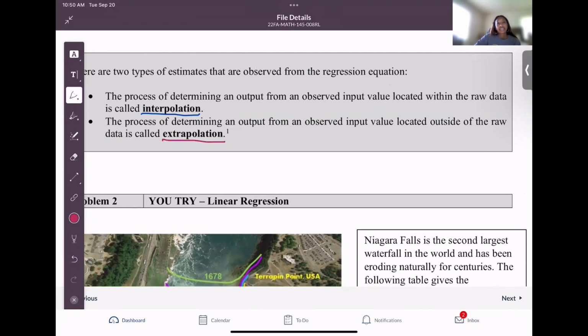The idea is if you're using n values that are close to the data set, then you have a better estimation than if you use information that's outside of your raw data. If you use values that are outside of the raw data set, then you get a worse approximation. So interpolation gives you a better approximation than extrapolation.